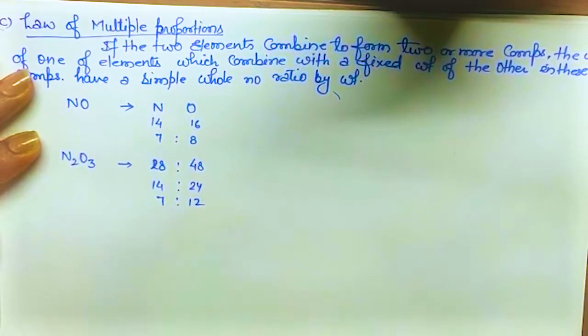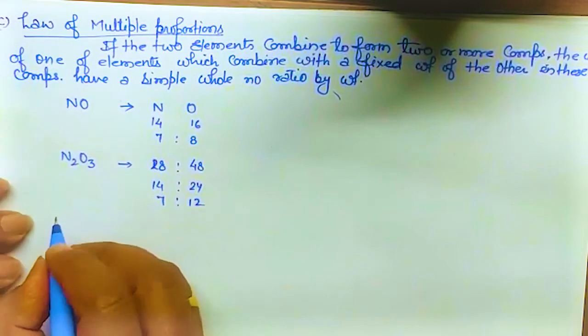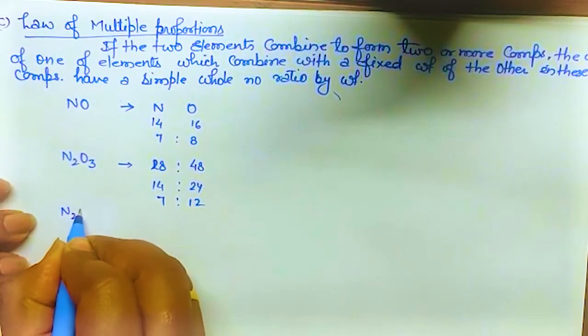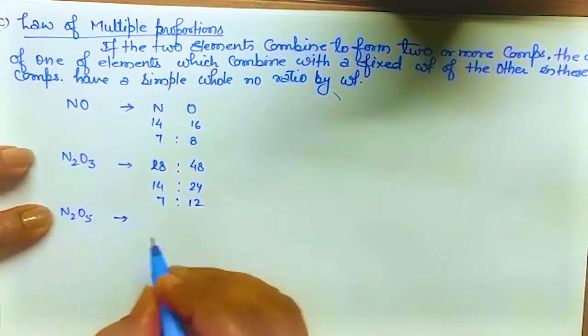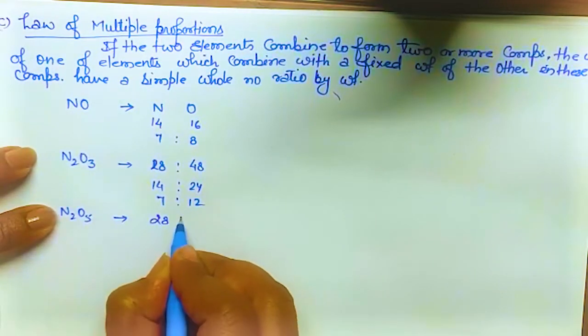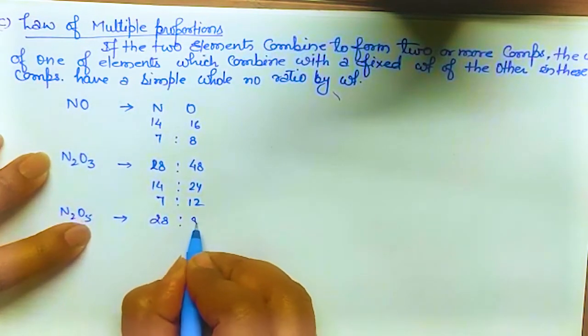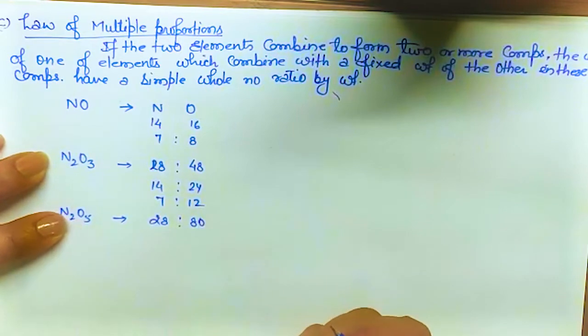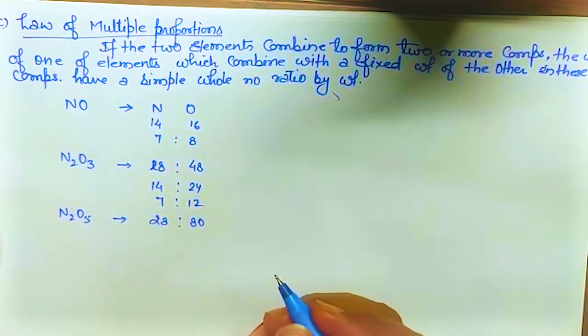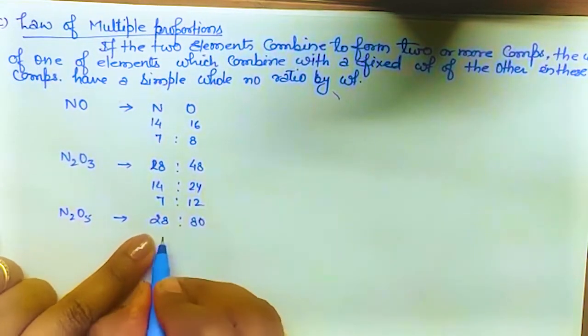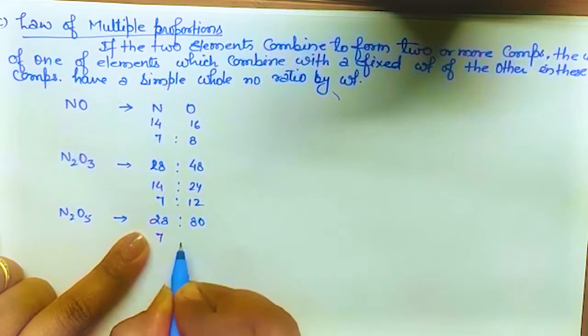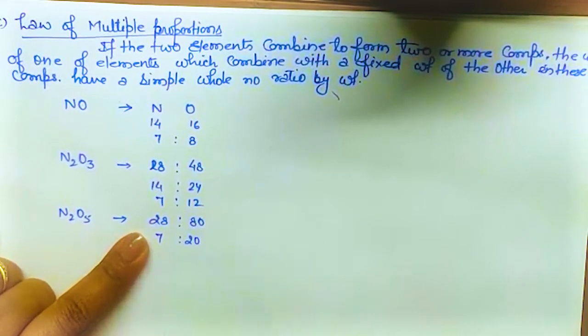So the ratio is 7:12. Another way, if you use N2O5, suppose that. There also the same nitrogen and oxygen are there, but the ratio is 28:16 times 5 is 80. So what is the ratio here? If we divide by 4, it is 7:20, isn't it?